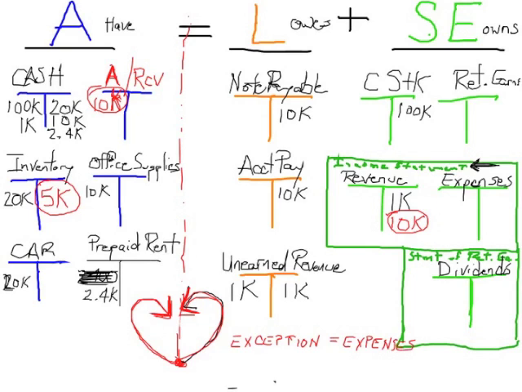So EX goes to EX. Expenses, to increase an expense, they function like an asset. To go up, you must go out on the left side. So guess what? Our expenses are 5K. We get to expense the $5,000 that we put into making that inventory.